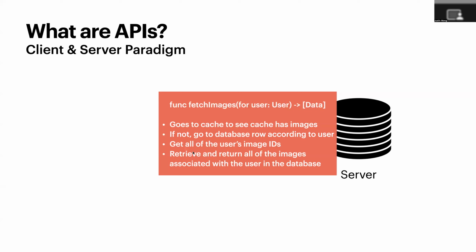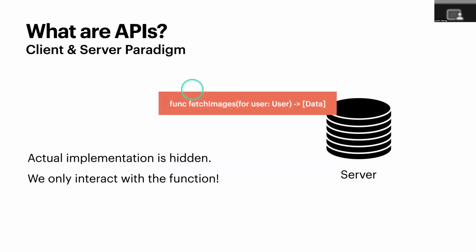If not, we go to the database row for that user, and then it gets all of the user image IDs, maybe stored on that row, and then actually retrieves them in the database itself and returns them, right? Well, the app doesn't need to know all about this. So this function abstracts all of these details away from us, and just gives us this endpoint for us to call, right? And yes, the actual implementation is hidden. We only interact with the function itself.